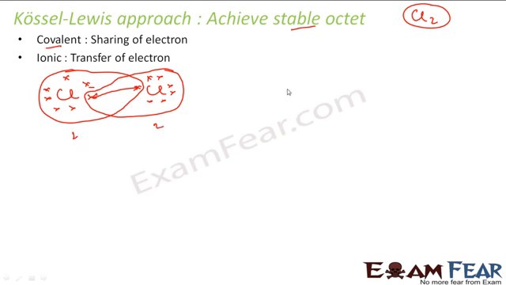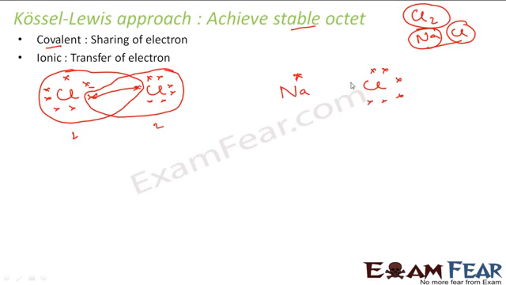For transfer of electrons, I can take the example of sodium chloride. Sodium chloride exists in NaCl form. Generally, sodium and chlorine don't exist independently in Na or Cl form. They exist in NaCl form. Why? Because sodium has 1 electron in the outermost shell and chlorine has 7.